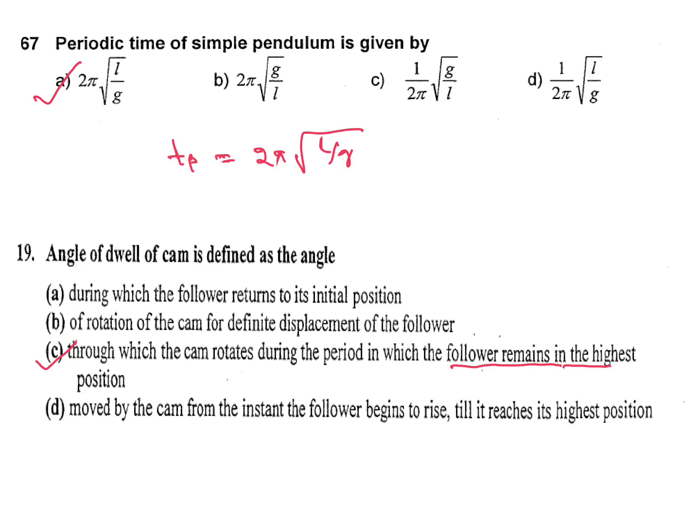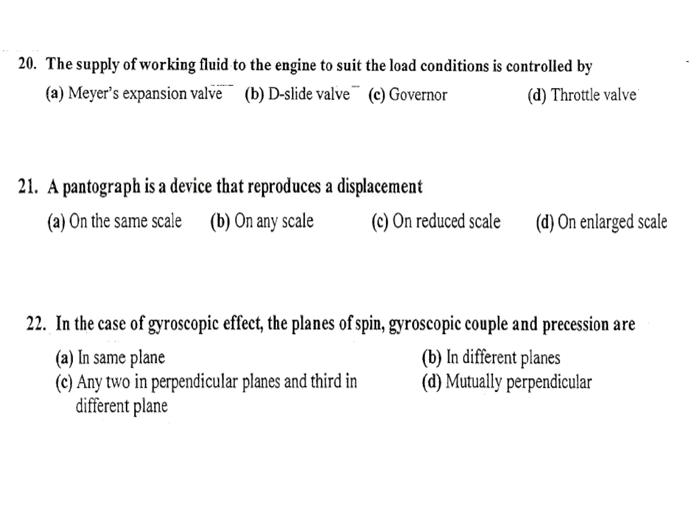The supply of working fluid to the engine to suit the load condition is controlled by A: Meyer's expansion valve, B: D-slide valve, C: governor, D: throttle valve. Its answer is C, governor. Governor controls the supply of fluid to suit load condition.